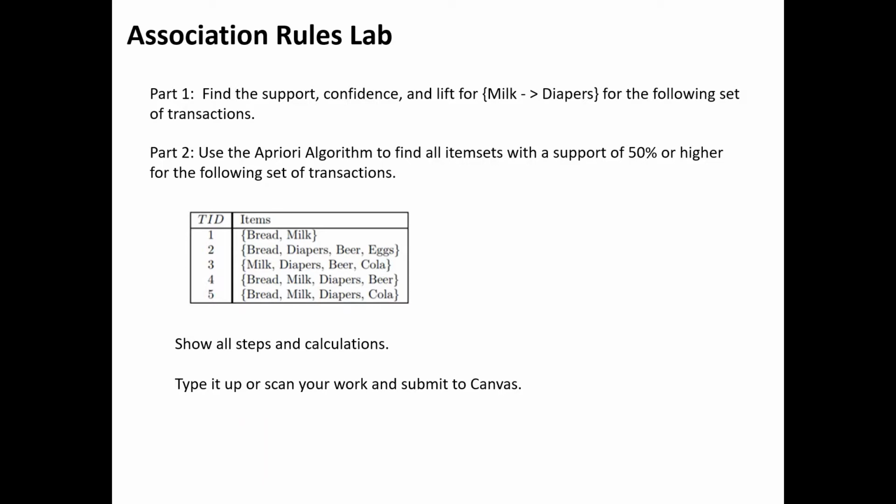Now, this one has words instead of letters or numbers. All of our examples before just had letters or numbers. So in order to keep from having to write out bread and diapers a bunch of times, or milk or whatever, you might want to label them.